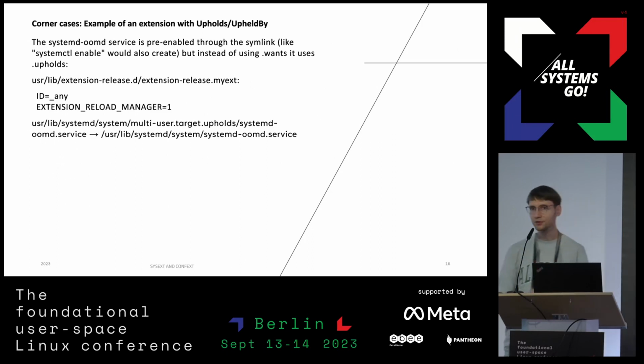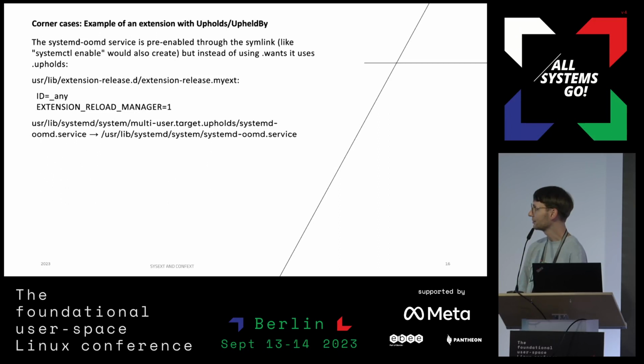Okay, so here's one of these corner cases. Imagine you have an extension with some CLI binaries, but also a service that should be running. So what you can do is, for example, specify this extension reload manager setting in the extension release file. And now, in this example, our goal is that we want systemd-networkd to be running.